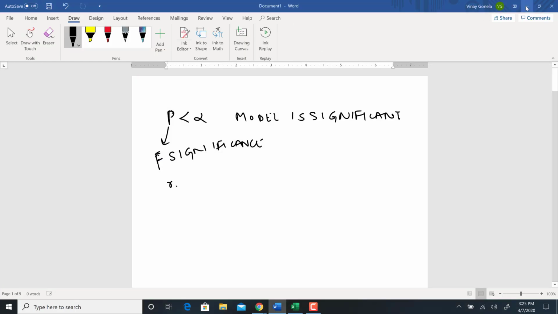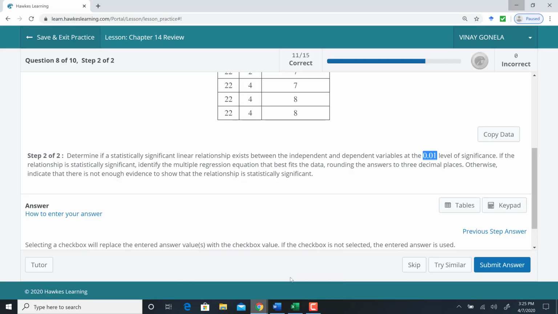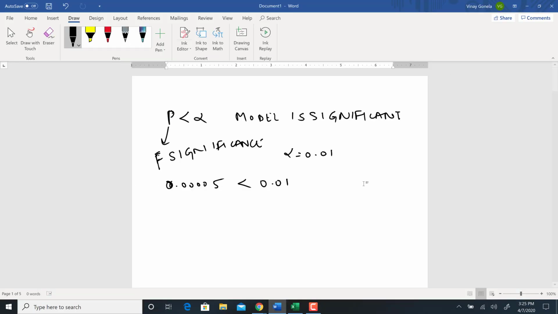The p-value is 0.00005. Is it less than alpha? Our alpha is given as 0.01. They gave us a significance level of 0.01 here. So this statement is true.